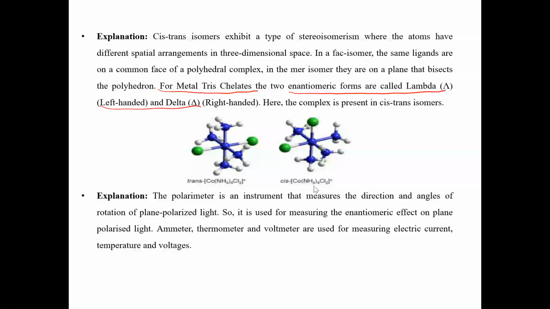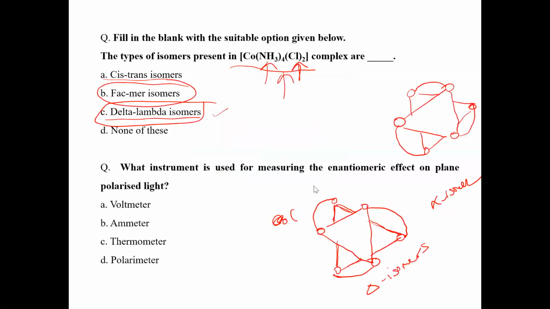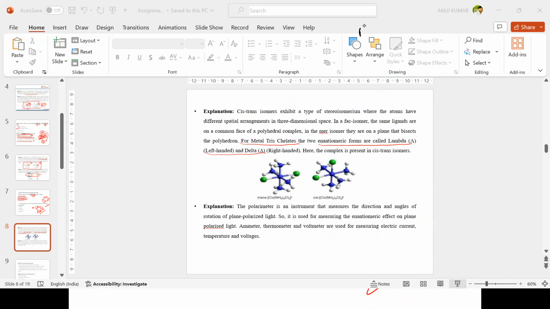Okay, and in the mer isomer, they are on a plane that bisects the polyhedron. Basically, this type of isomerism is exhibited by Ma3B3 type of complexes.